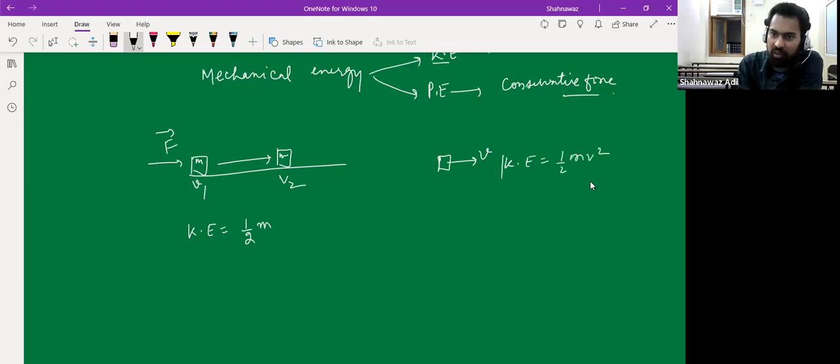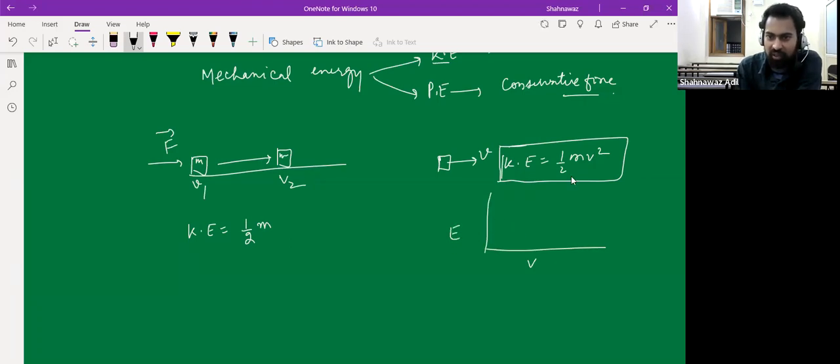And there is no theoretical explanation for why this should be half m v square. This comes from the experiment. You plot the velocity and the energy diagram, and you see that this is some parabola.